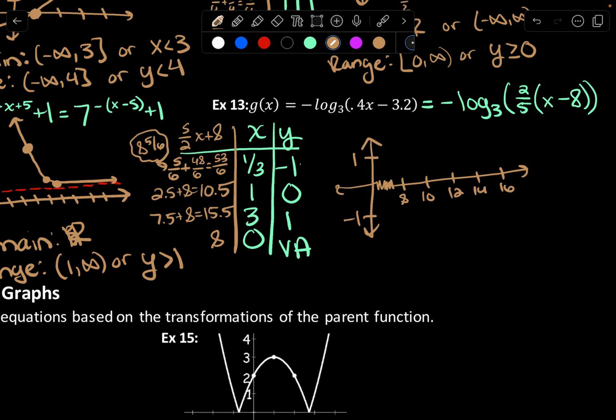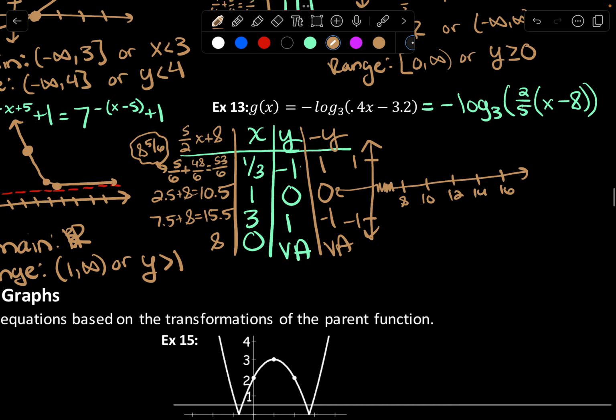All right, so the first point is 8 and 5/6, and then it'll be at -1. Oh, we do have a vertical transformation. Okay. Sorry about that. So it'll be -y, and it's just flipping the outputs. So we'll have +1, 0, -1, and then our vertical asymptote.